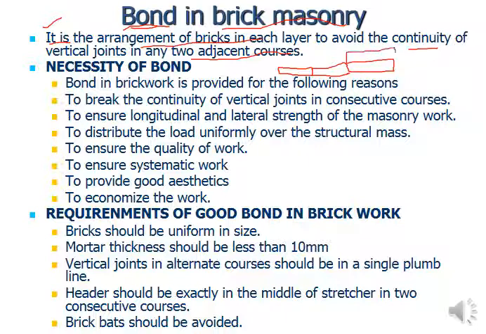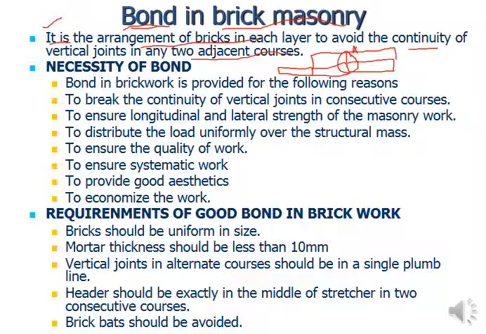You are not going to place them in the form of piles, one brick above the other brick like this. A vertical joint coming exactly above the vertical joint in a consecutive course is not recommended.